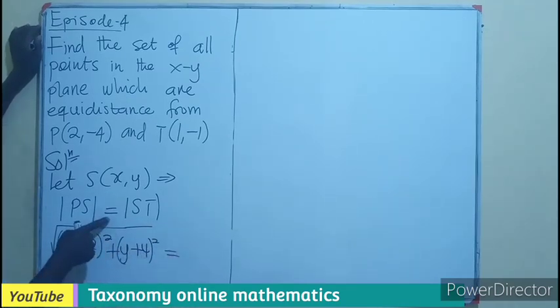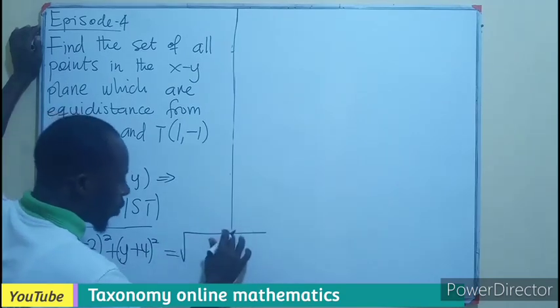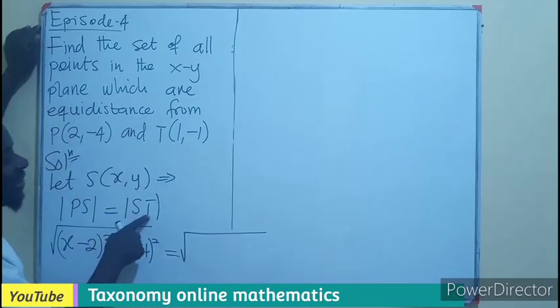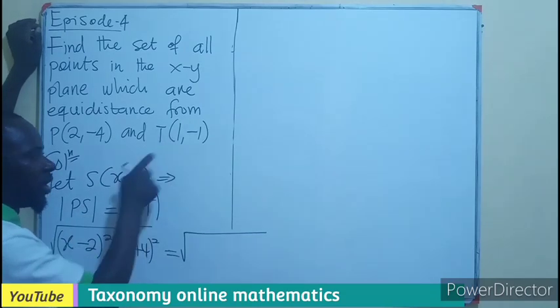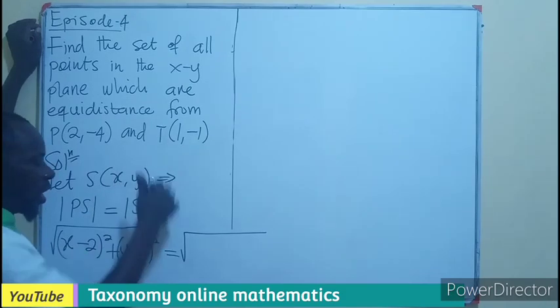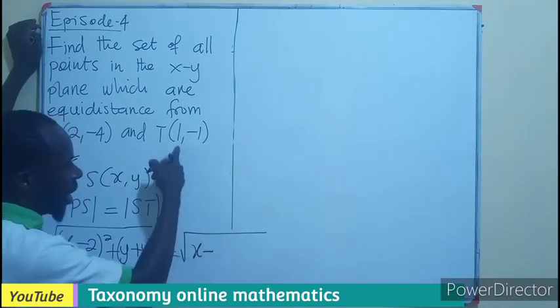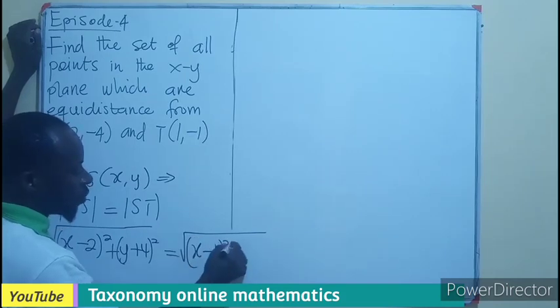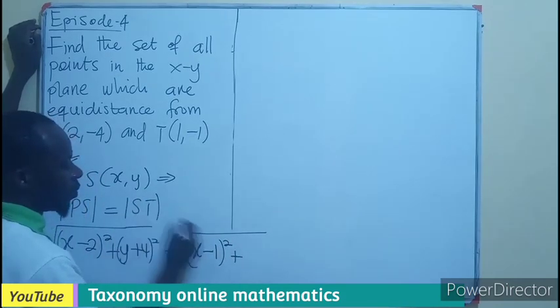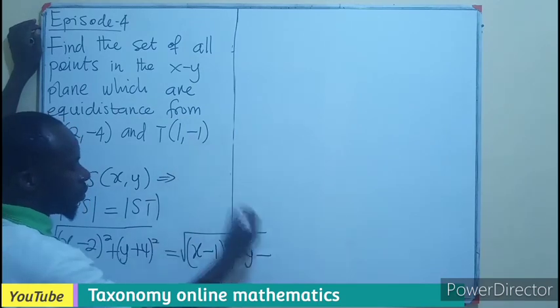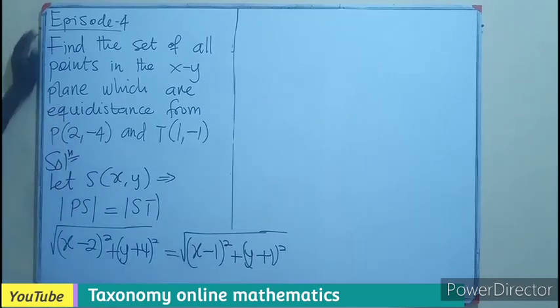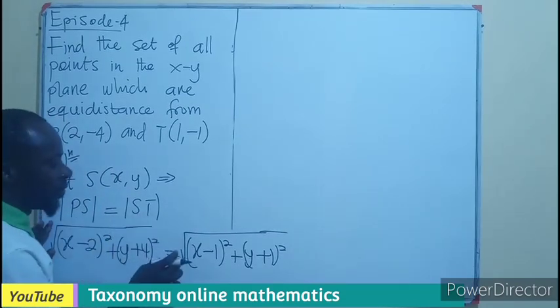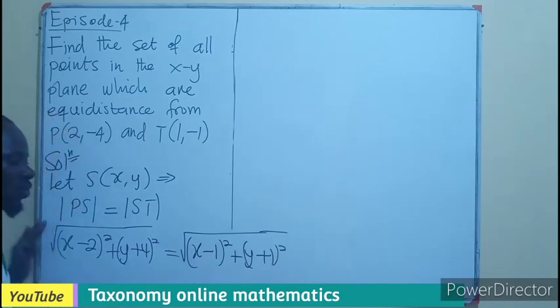This will be equal to the magnitude of ST, where in this case we can also take this one to be S, this one to be S2, S1. So we have x2 minus x1 all squared plus y2 minus y1, which is negative, so plus. If this magnitude is equal to this magnitude, then we can find those equidistant points.